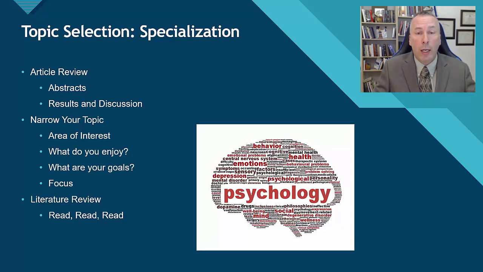What do you enjoy? As an example, let's say you are taking a psychology history class. Maybe the history of psychology, the individuals that have developed the field, does not necessarily interest you. However, maybe you are interested in critical thinking.